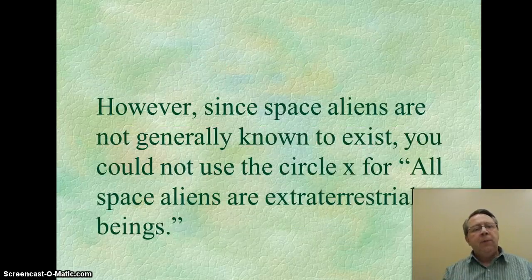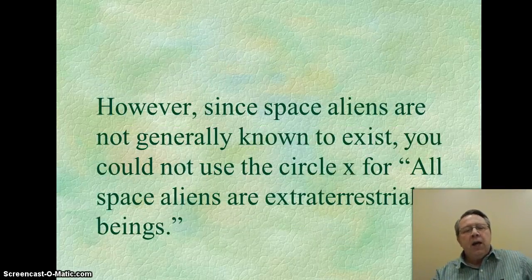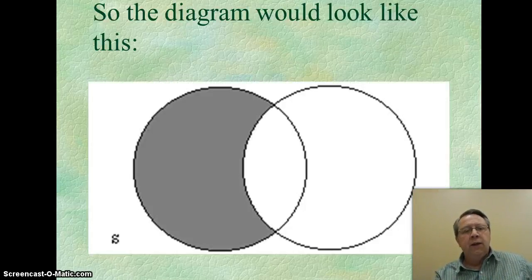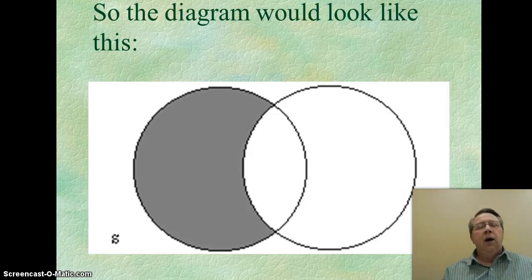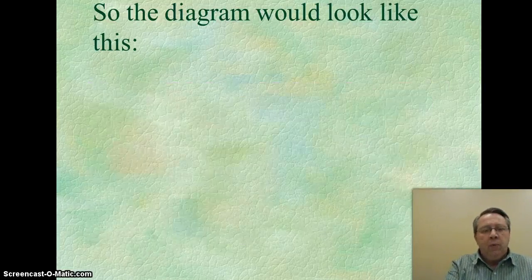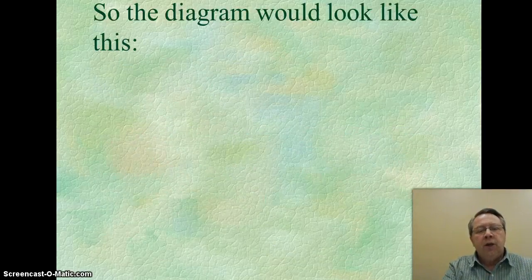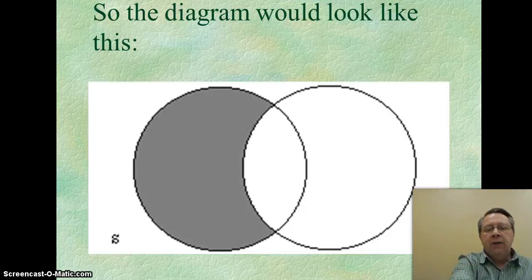Since space aliens are not generally known to exist, you could not use the circled X for all space aliens or extraterrestrial beings. So it would look like this. All space aliens are extraterrestrial beings, so all S are E. Normally this is how it would be drawn.